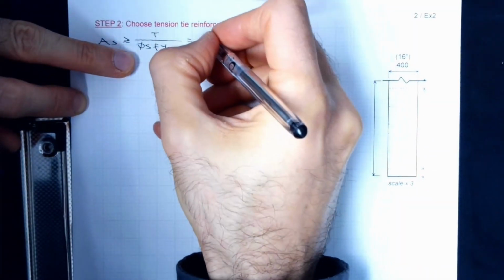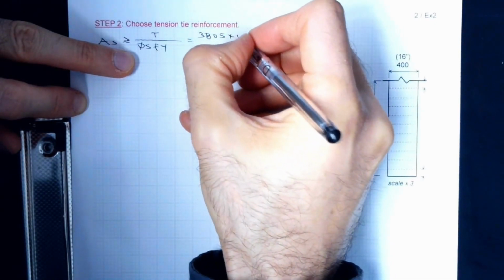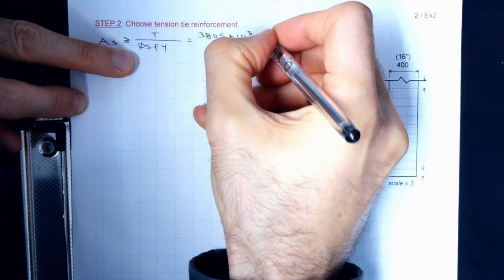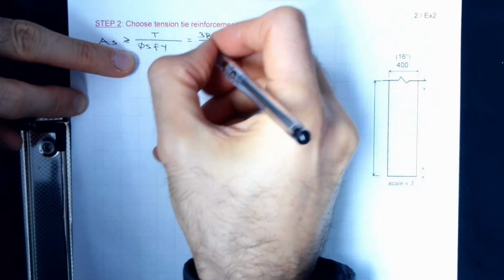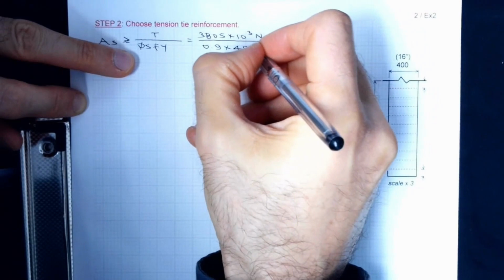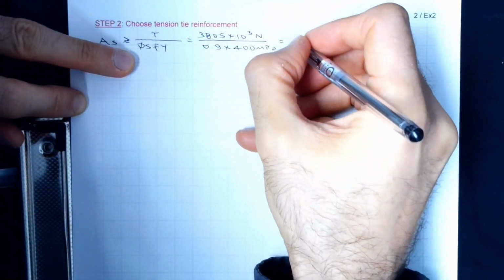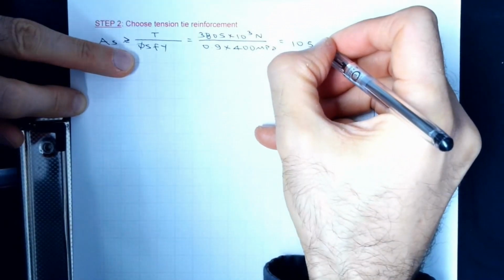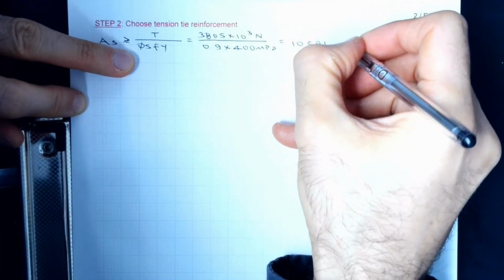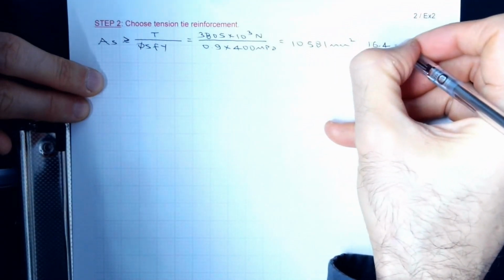So if you do that, 3805 times 10 to the power 3, this makes this newtons, divided by 0.9 times 400 megapascal, which is 58 ksi. You would find this to be around, it may not be exact this number, but pretty close, square millimeter, which is 16.4 square inch.